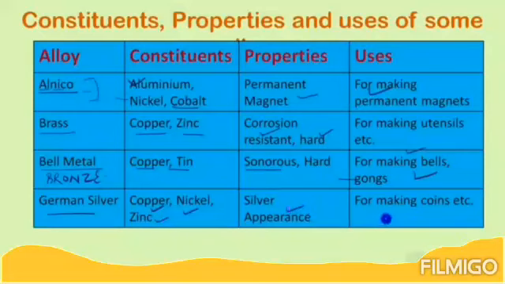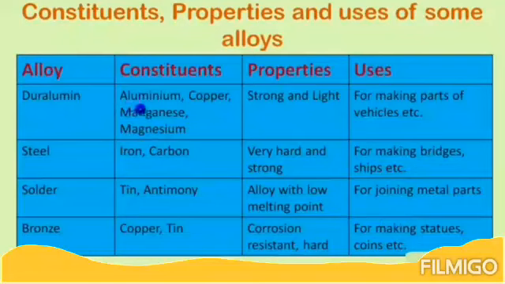It has a silver appearance and is used for making coins. Next is duralumin, made up of aluminium, copper, manganese and magnesium. It is strong and light and used for making parts of vehicles.